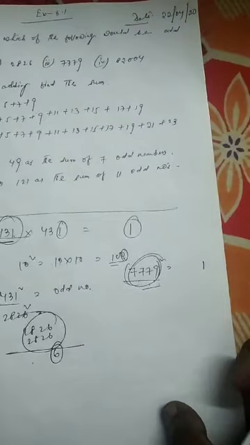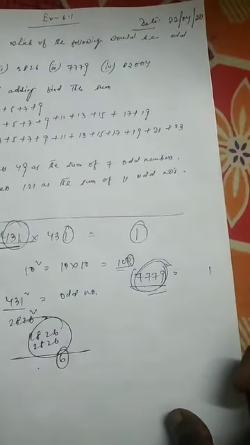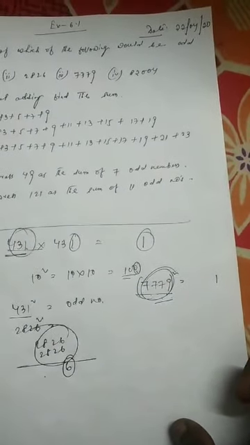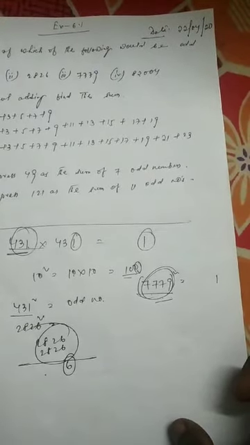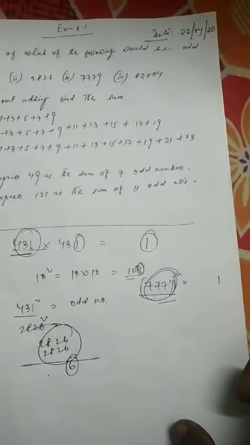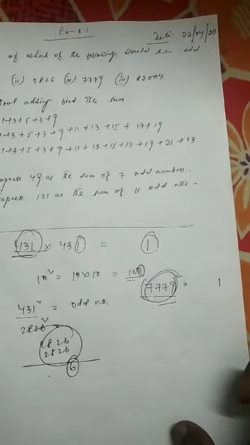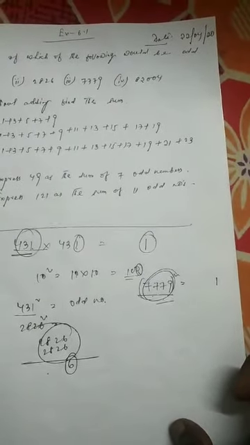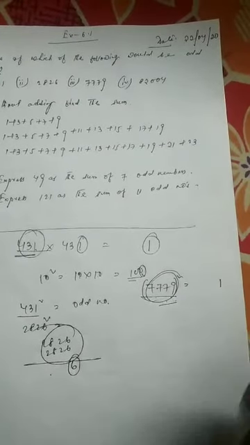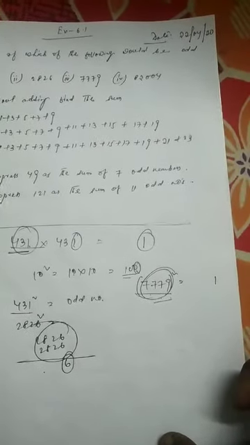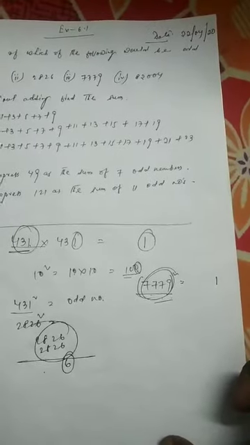Next is 82004. The square of 4 is 16. So 6 is an even number. So the square of 82004 will be an even number.